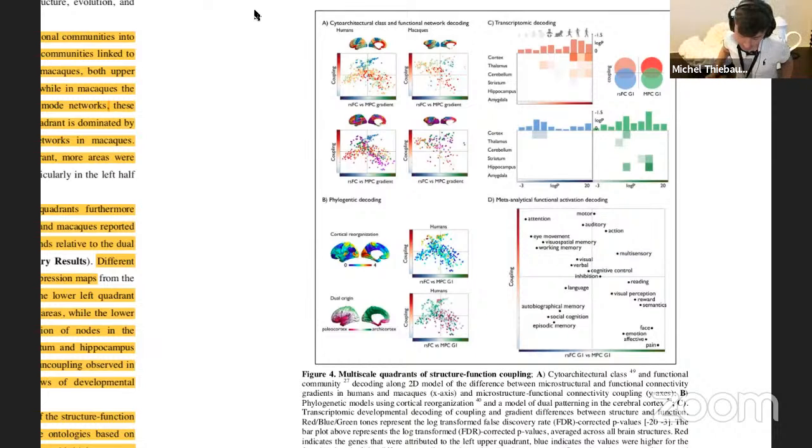And then last question, really, which is based on the genetic relationship of the functional and structural organization.